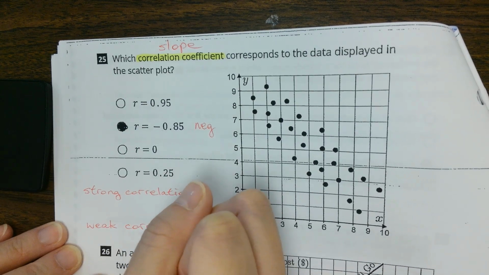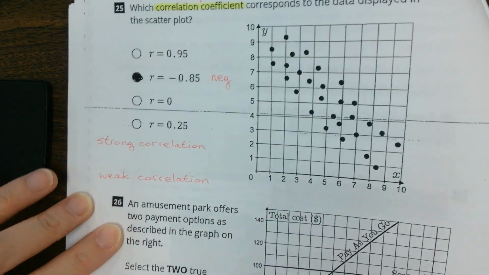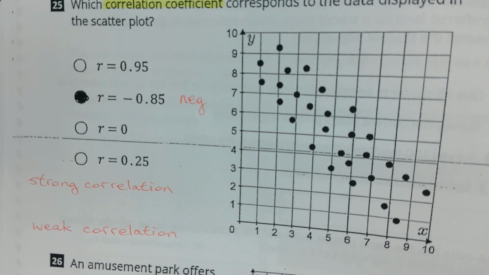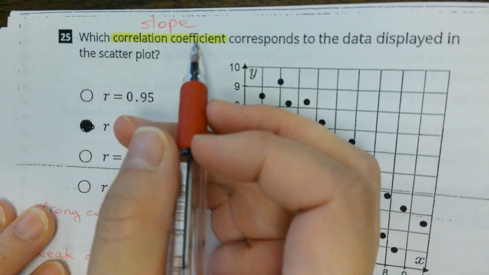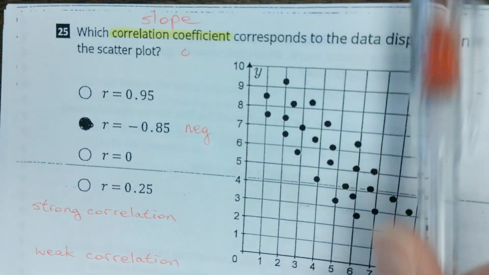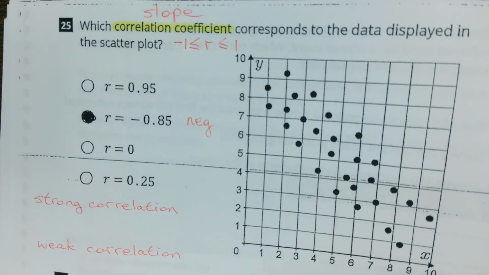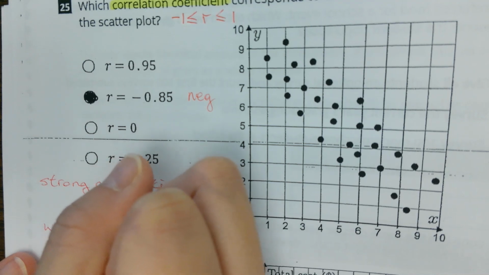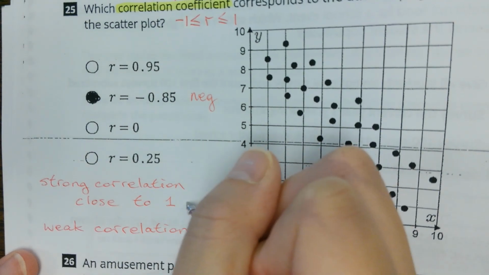For a strong correlation, meaning a very steep slope, the difference between slope and correlation coefficient is that the correlation coefficient only has values between -1 and +1. So if your line is really steep, it will have a correlation close to 1 or -1.